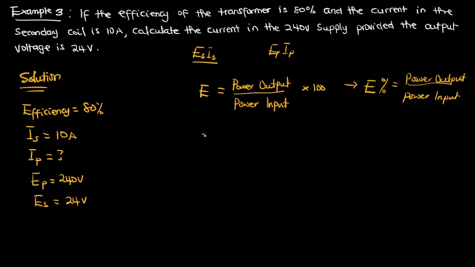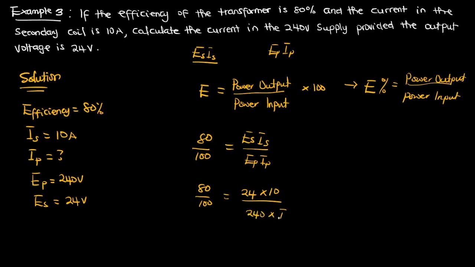The efficiency given to us is 80%, so it's 80 over 100, which is equal to ES multiplied by IS over EP multiplied by IP. So I have my 80 over 100 is equal to my ES, which is 24, multiplied by my IS, which is 10, all over my EP, which is 240, multiplied by IP, which I do not know.